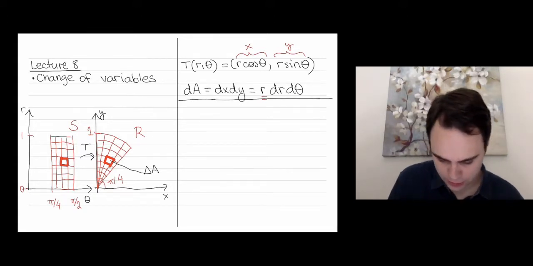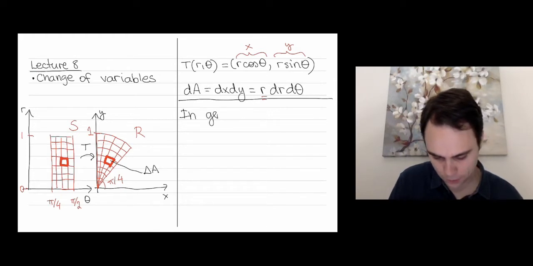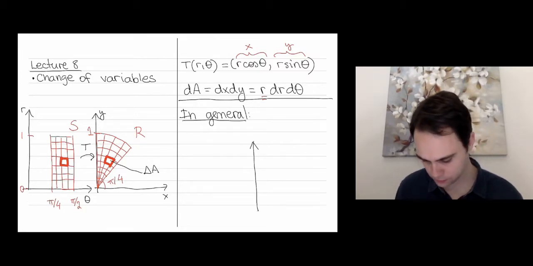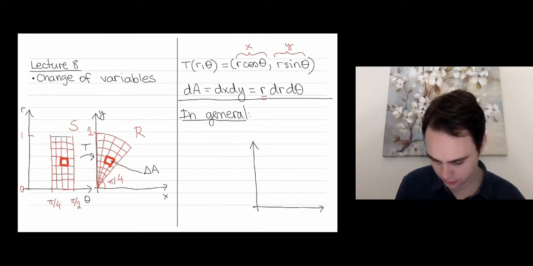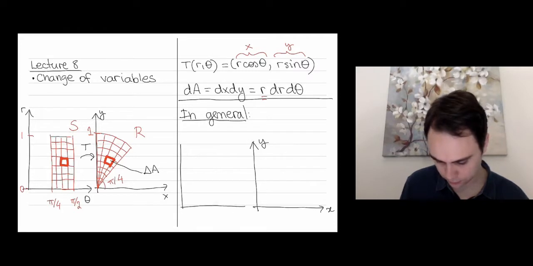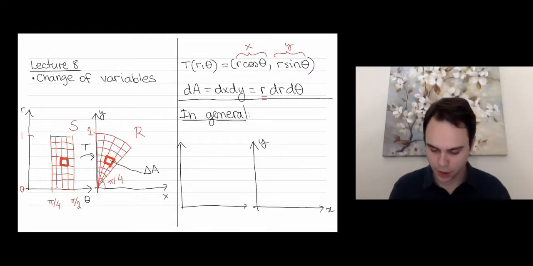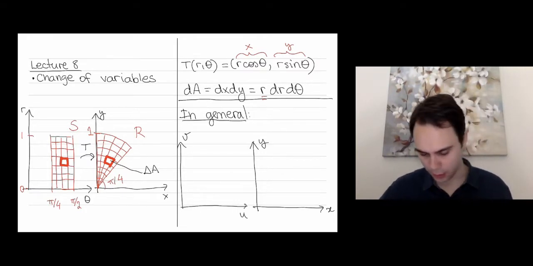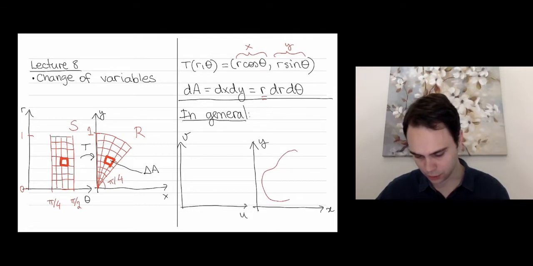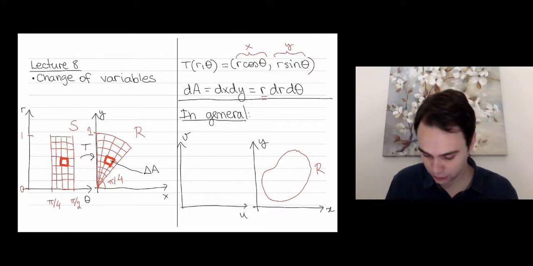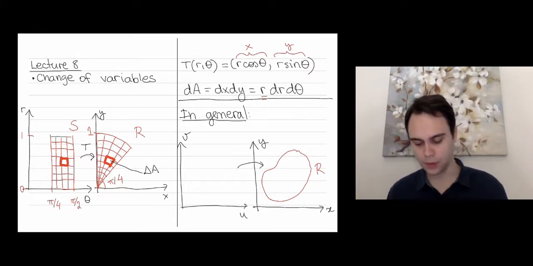Now let's look at the general situation. We're going to have some region of the xy plane, and we're going to have new coordinates, u and v, right? So I'm going to start with a certain region of the xy plane, maybe this one, and there is a rule for going from u and v to x and y.